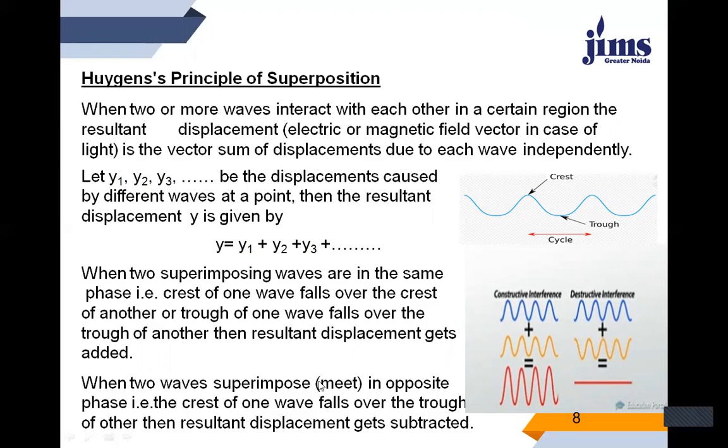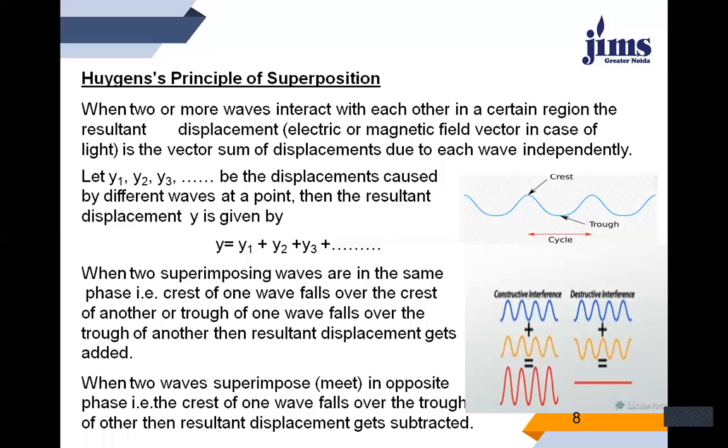So when two waves superimpose or meet in opposite phase, that is, the crest of one wave falls over the trough of another, as you can see here, then the resultant displacement gets subtracted. This is the crest of the wave, this is the trough of the wave. When both waves are added, what is happening here?